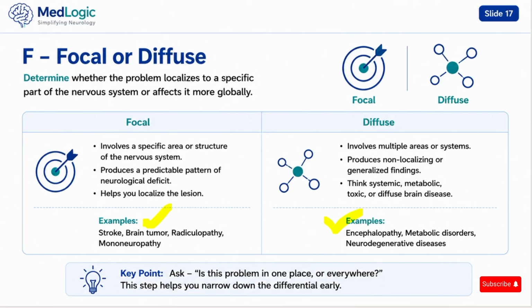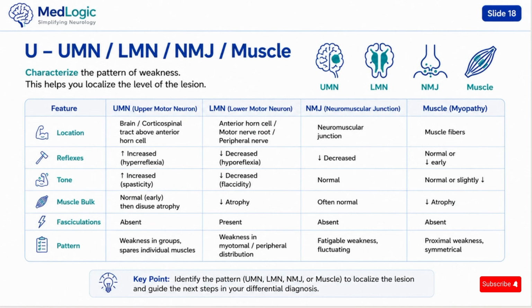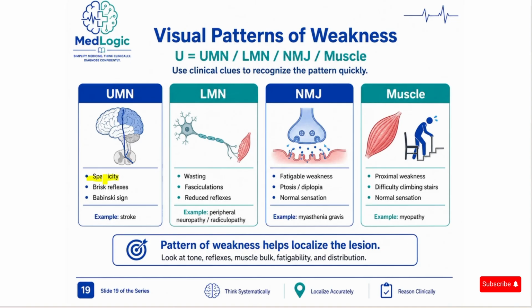The fourth step is especially important when the patient has weakness. Ask, is this upper motor neuron, lower motor neuron, neuromuscular junction, or muscle weakness? If there is spasticity, brisk reflexes, and Babinski sign, think of an upper motor neuron lesion. If there is wasting, fasciculations, and reduced reflexes, think of a lower motor neuron lesion.